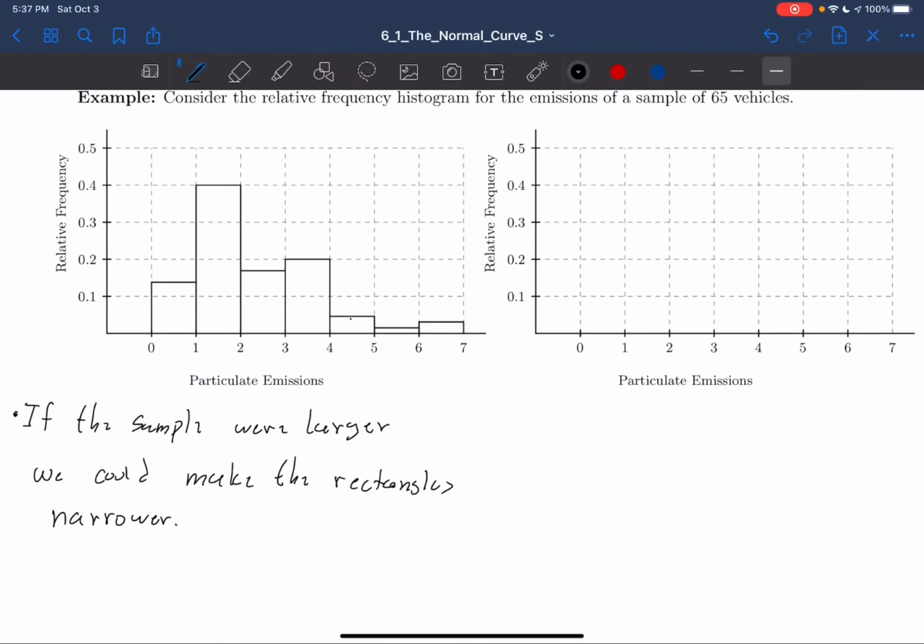So if I increase the number of samples, it will probably look like this, right? So these rectangles will get skinnier.